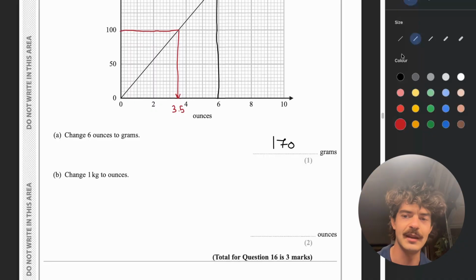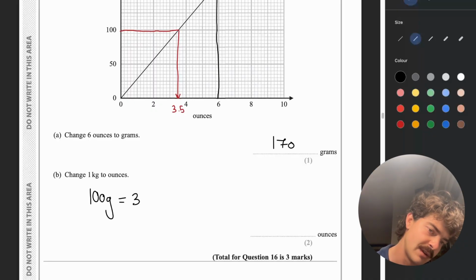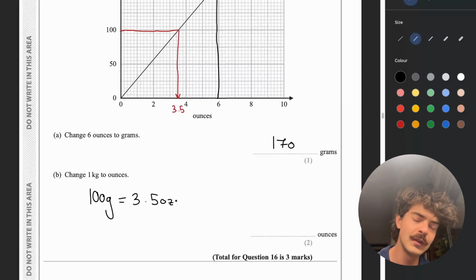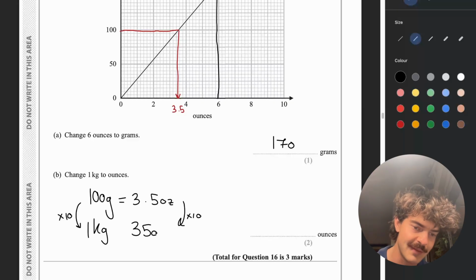So that means that if 100 grams is equal to 3.5 ounces, what do you get if you've got 1 kilogram? Well, how do we get from 100 grams to 1 kilogram? We times by 10. So we're going to do exactly the same thing over here, and you're left with 35 ounces.